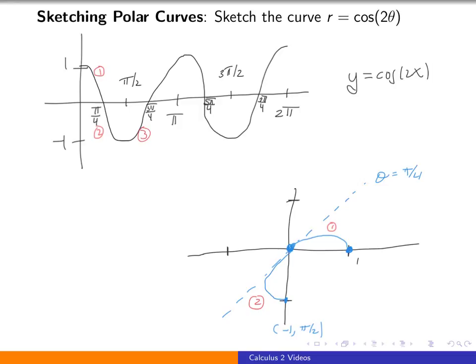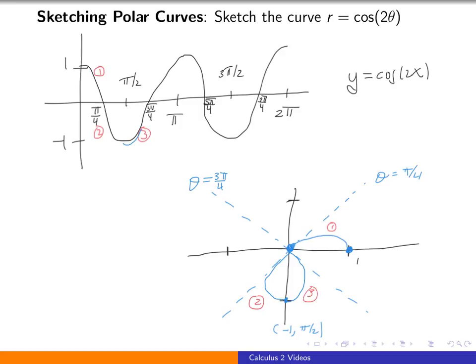So from pi over 2 to theta equals 3 pi over 4, because our r value is negative, we're not going to be sketching in this range, but we need to go in that opposite direction. And our r value goes from -1, and as we rotate around, it shrinks to 0. So this third portion will look something like this.